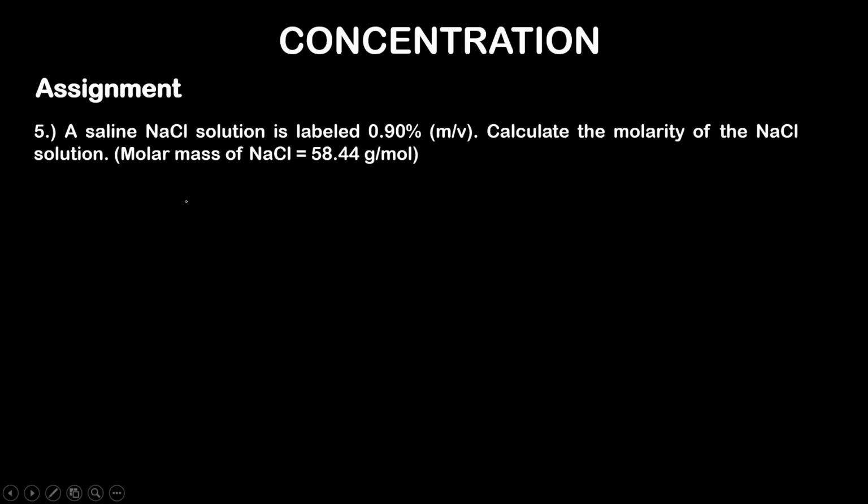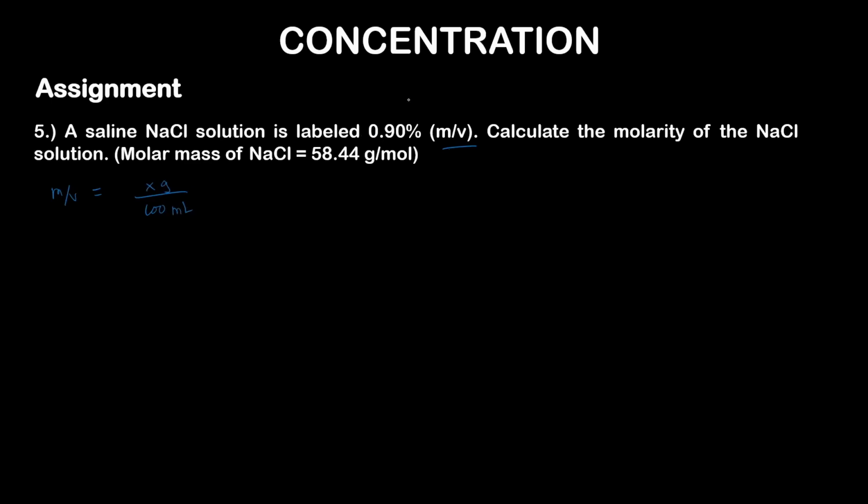A saline NaCl solution is labeled 0.90% M over V. Calculate the molarity of the NaCl solution. This is the same thing. We are still using M over V. Remember, if it is M over V, just say per 100 ml. So X grams per 100 ml.